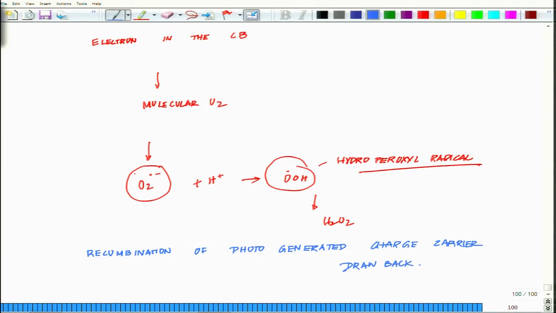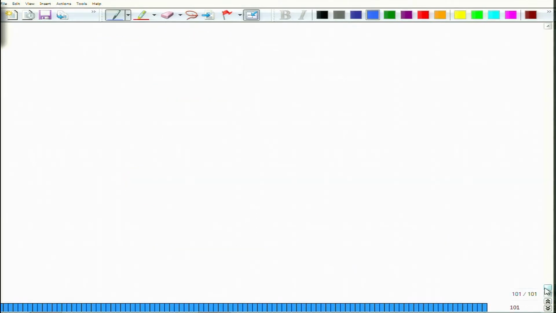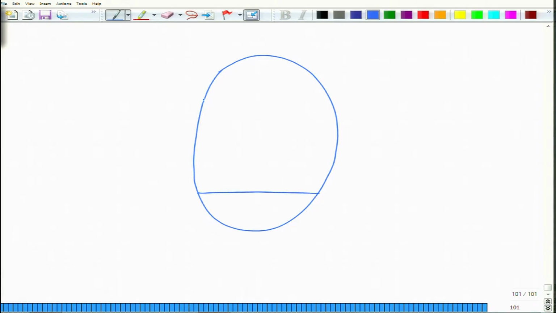So let's summarize the schematic of TiO2 as a photocatalytic mechanism. This is how it looks. You have the valence band sitting here, you have the conduction band sitting here, and you have the light falling here with h nu, as we talked about, less than 390 nanometer.